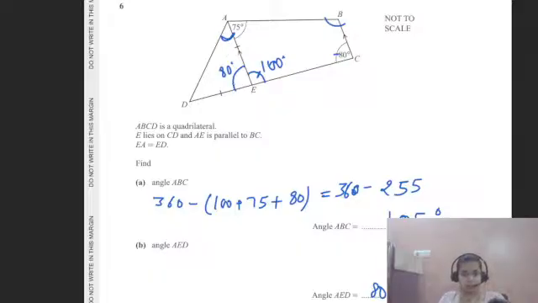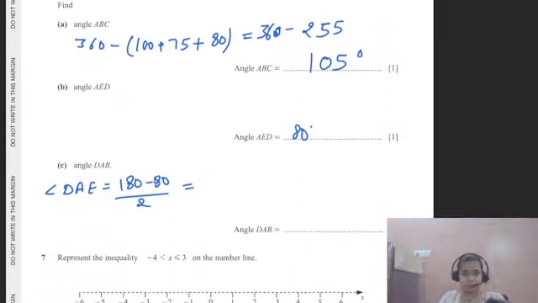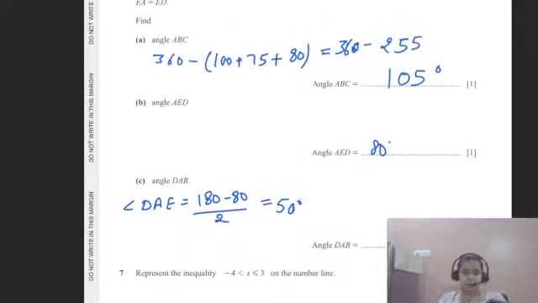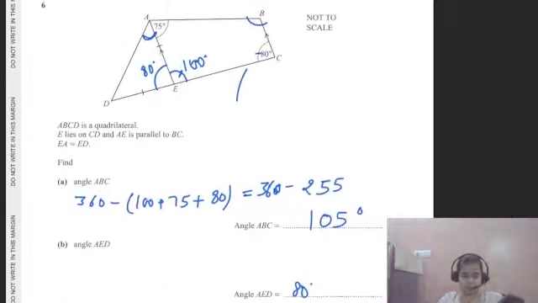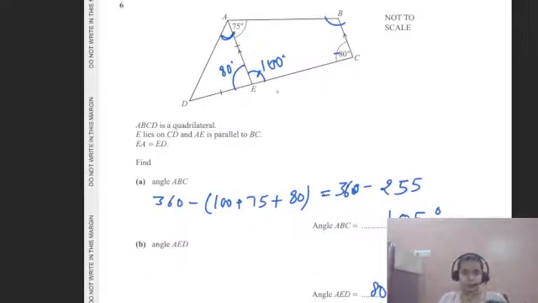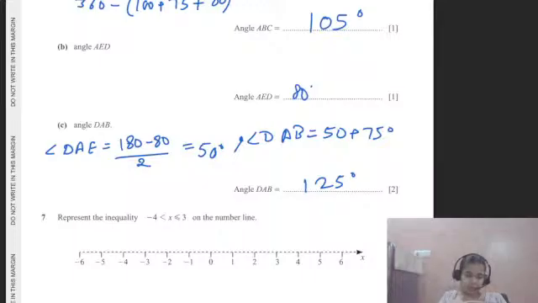So 2 times this plus 80 gives you 180. So 180 minus 80 is 100, upon 2, 50 degrees. So DAE is 50 degrees and DAB would be 50 plus 75 as per the diagram, right? So for DAB we will add 50 and 75, which is 125 degrees, right?